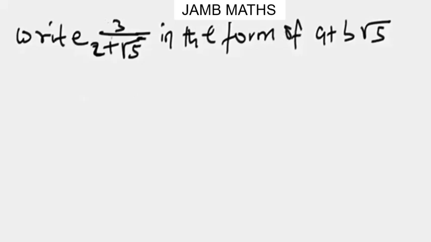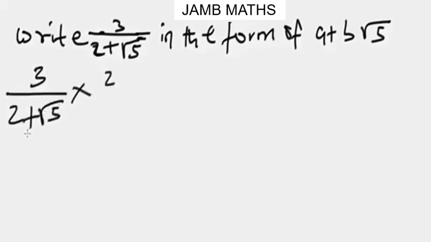Okay, now let's do it together. Remember, for this kind of question, we are going to consider the sixth rule that involves rationalization of surds. So when you rationalize this surd, we're going to have 3 over 2 plus root 5 times 2, this time around the sign will change, minus root 5 over 2 minus root 5.